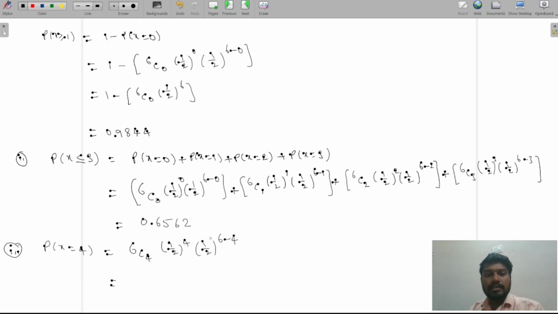Then what is the result of this probability by substituting in the calculator? 0.2344. Okay, at x equal to 4, this is the probability I'm getting. I think everyone is clear.